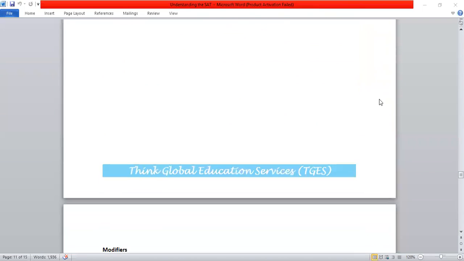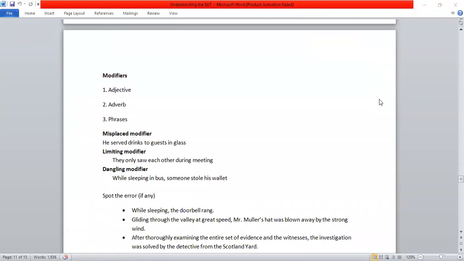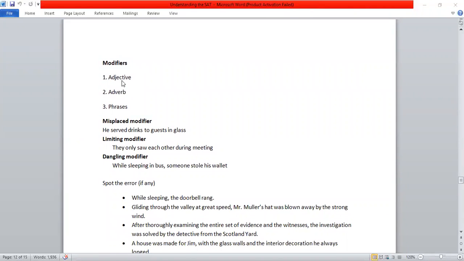So going to the next page: modifiers, adjectives, adverbs, and phrases, these three things. Adjectives and adverbs are modifiers, which we already know.